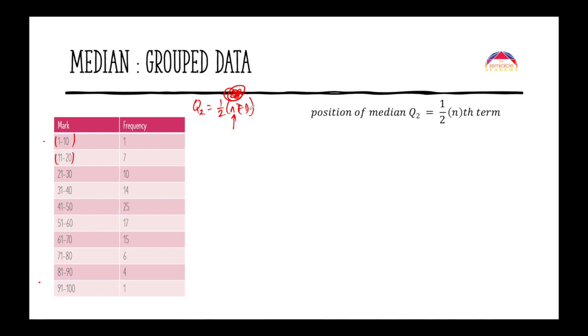So we don't have to even worry about this plus 1, especially if n is a huge number. So we'll just say it's a half n, right?